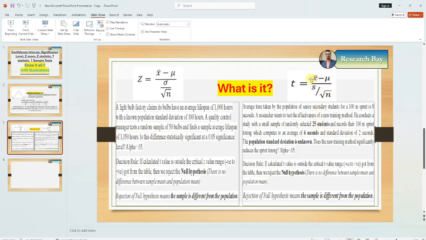We have the sample mean and we have the population mean. Now you see here, the average time taken by the population is 8 seconds. This is the population mean and this is the sample mean, 6. 6 minus 8. Okay. So does the new training method significantly reduce the sprint timing? It's a one sample z-test, and the t-test also is one sample.